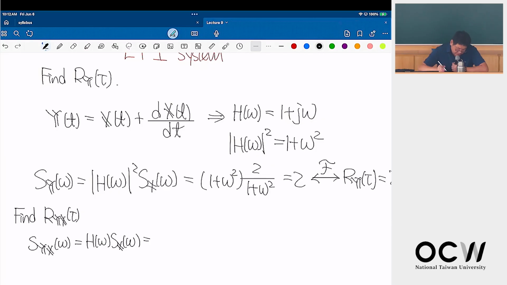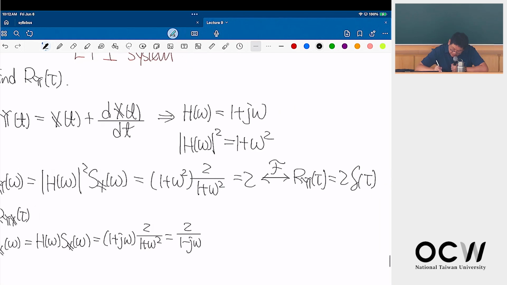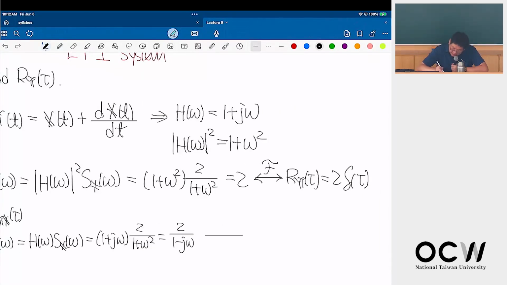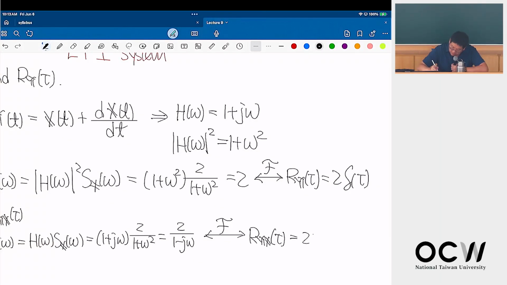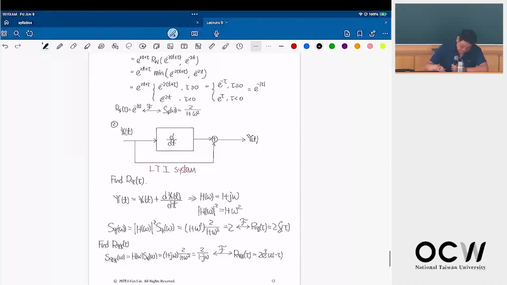So we have 1 plus j omega times 2 divided by 1 plus omega squared. That's 2 divided by 1 minus j omega. Then when you take the Fourier transform, you can get the cross correlation of yx. There'll be a unit step function.